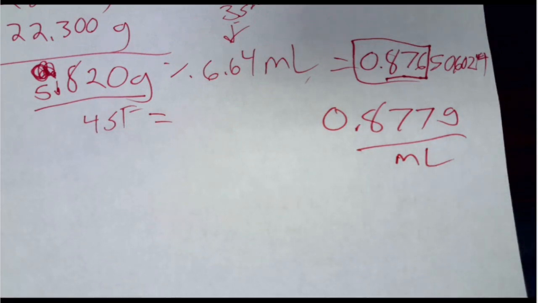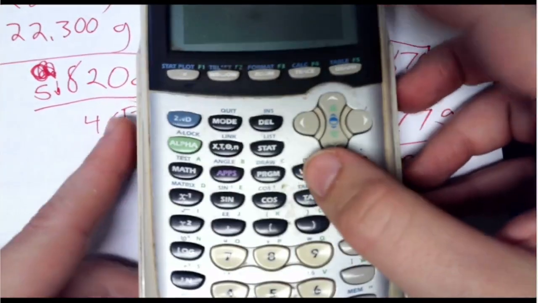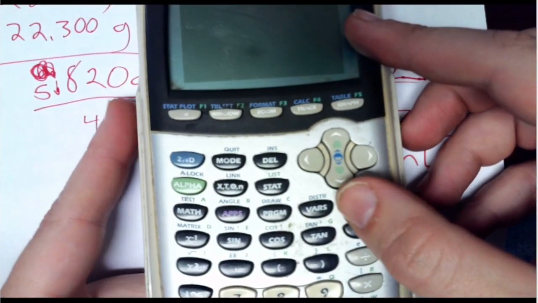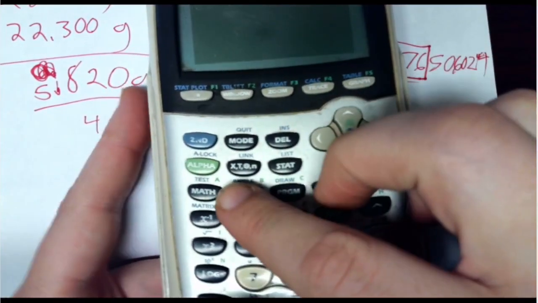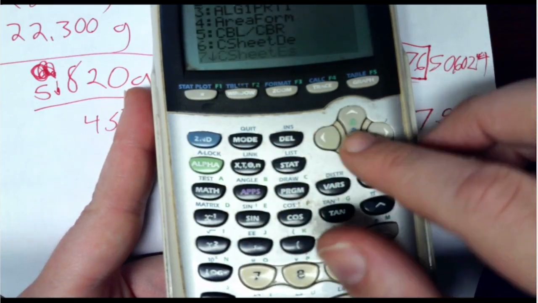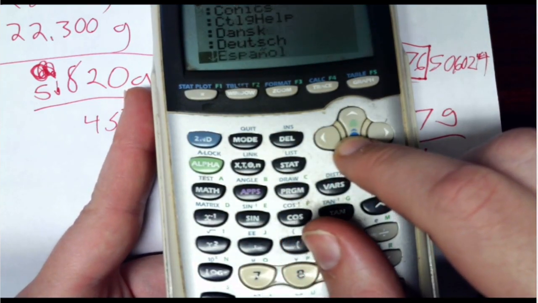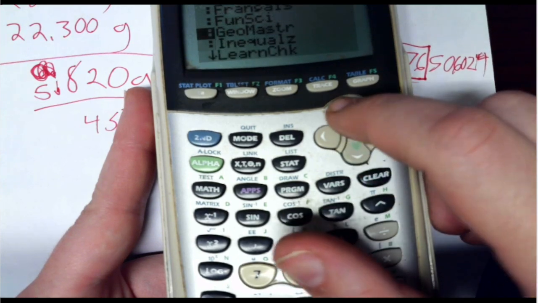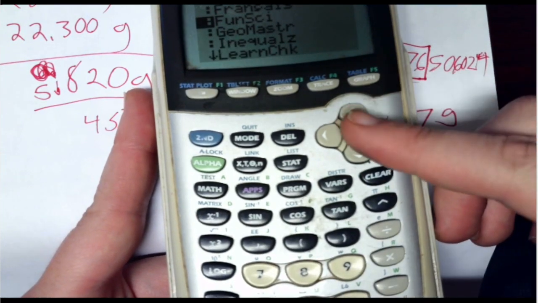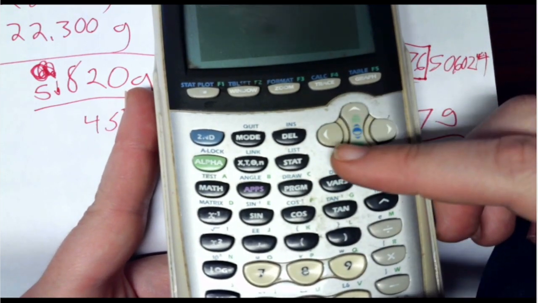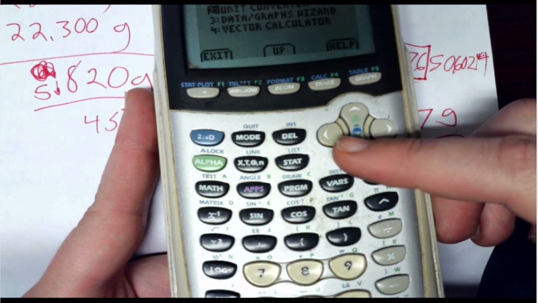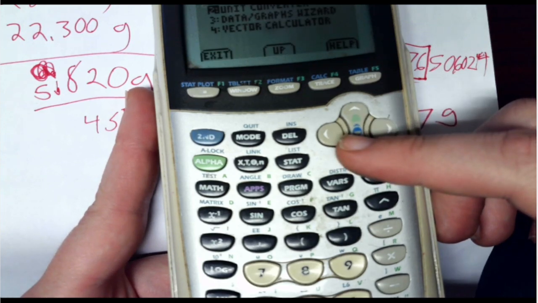Now, if you have a calculator like this, it is possible to get a sig fig calculator. If you go to apps and you scroll down to what's called Fun Science, FunSci, you have in there a scientific tool that is a sig fig calculator.